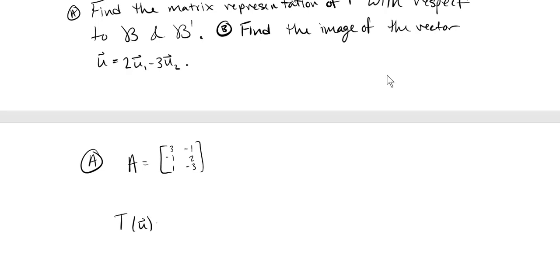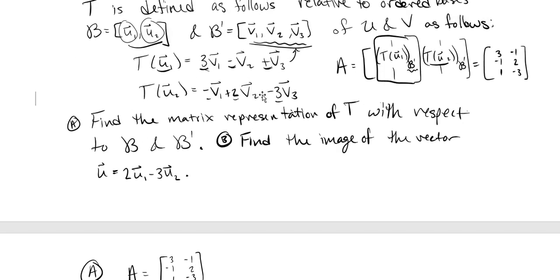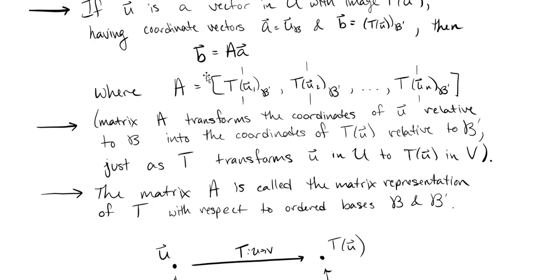because we know T of u is really just T of 2u1 minus 3u2, right? We know that it's already expressed in terms of these basis vectors. And so this is exactly what this up here is saying.